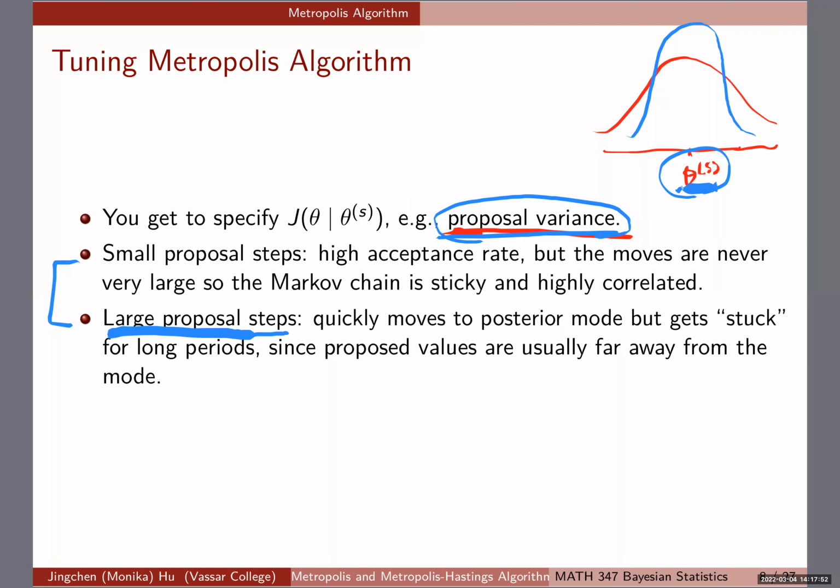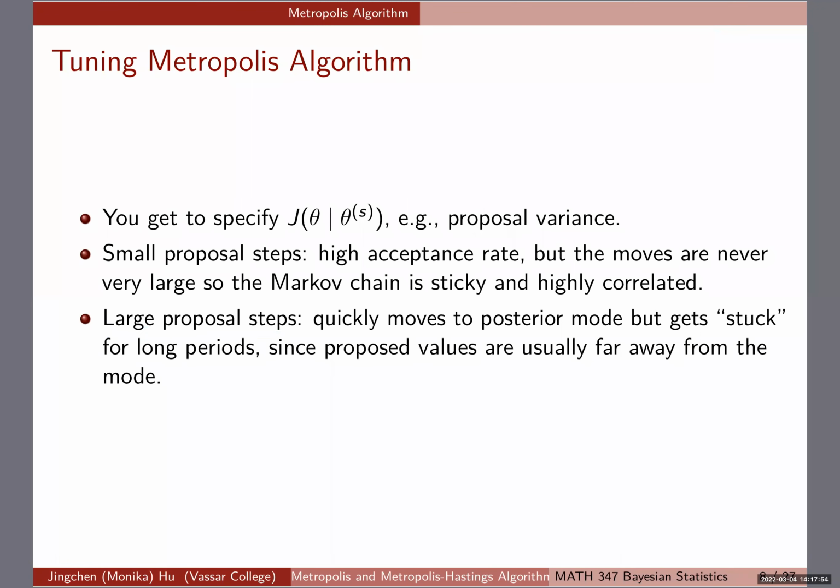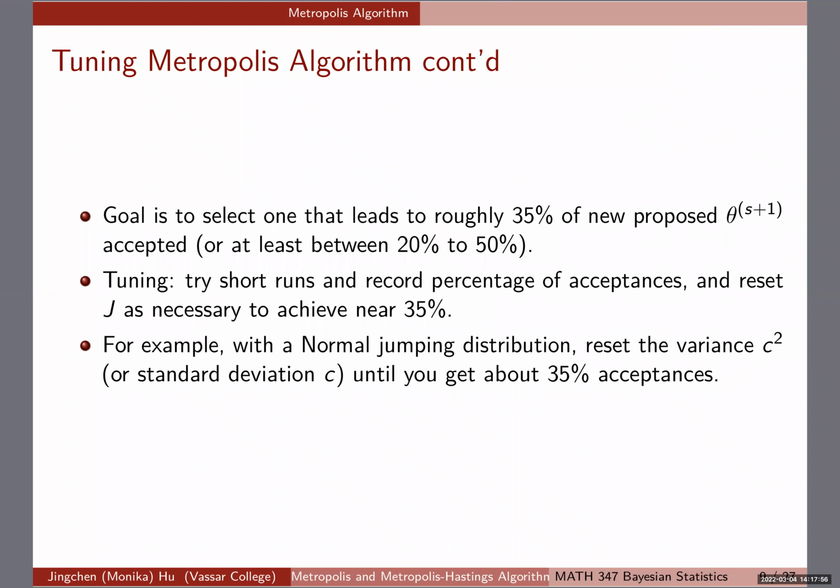So that's some general guideline. Of course, when you code it yourself, you can record how many times you accept your proposal, and sometimes you don't accept and stay where you are. If you do that, we generally recommend getting roughly about 35% of the new proposals accepted.